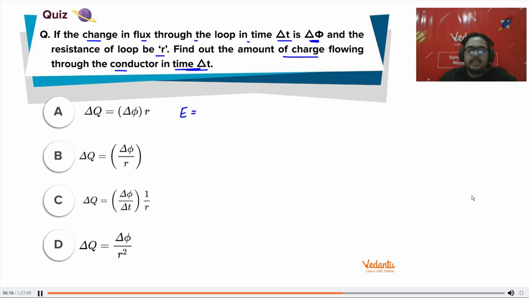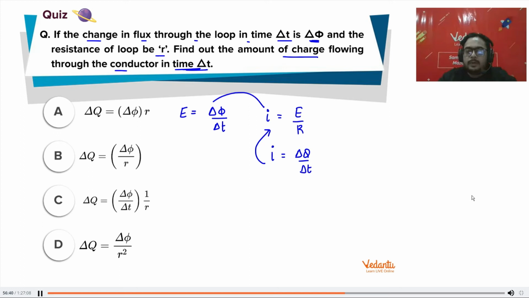Basically, we know EMF. According to Faraday's law, it is change in flux upon time. And you know current in any circuit is basically EMF by resistance. Am I correct or not? We also know current is dq by dt, yani how much charge has flown upon how much time has passed.